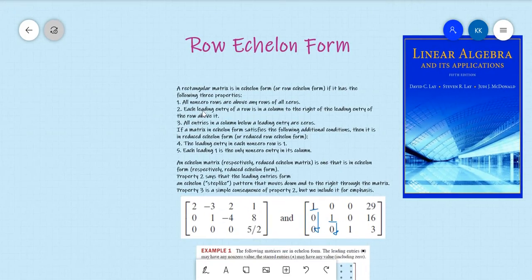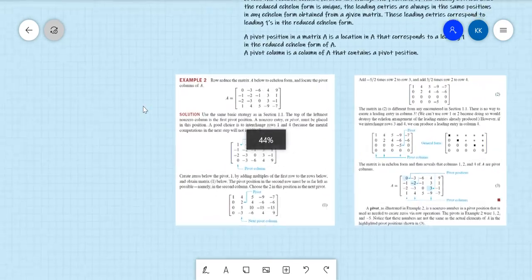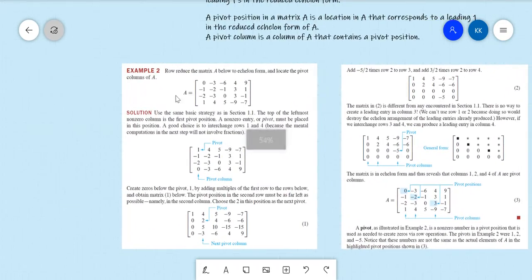Each leading entry of a row is in a column to the right of the leading entry of the row above it. This is the leading entry here, and this leading entry is to the left right now. It needs to be to the right, so it needs to be like here or somewhere beyond that.